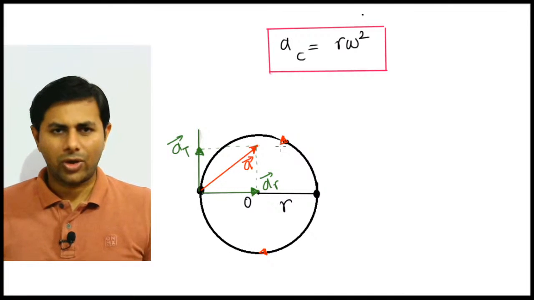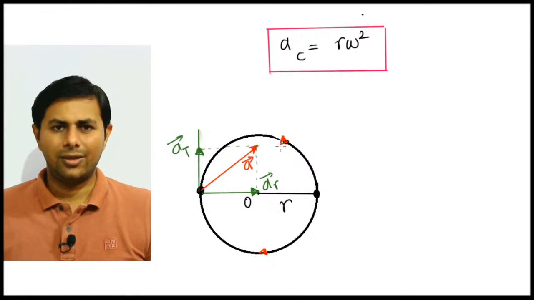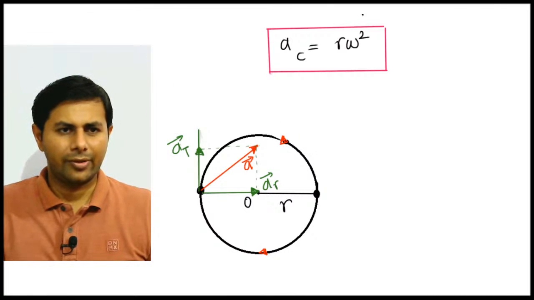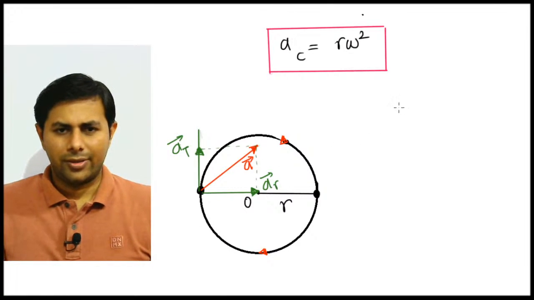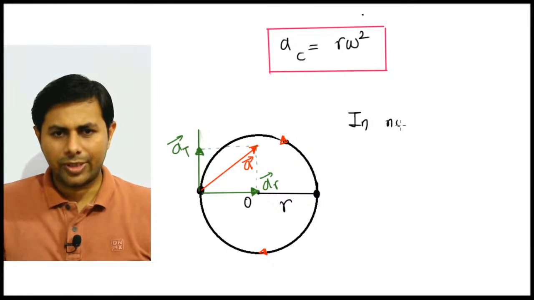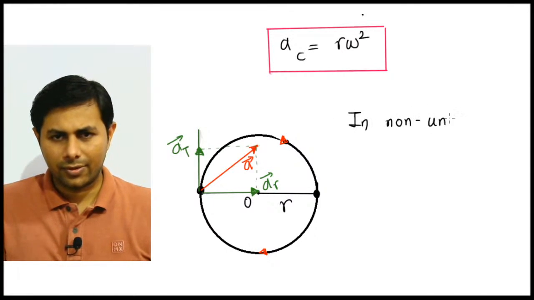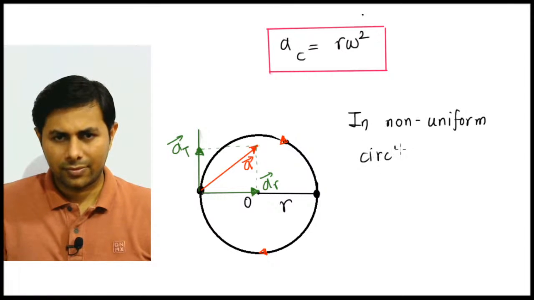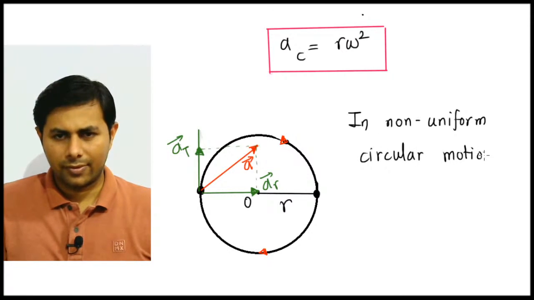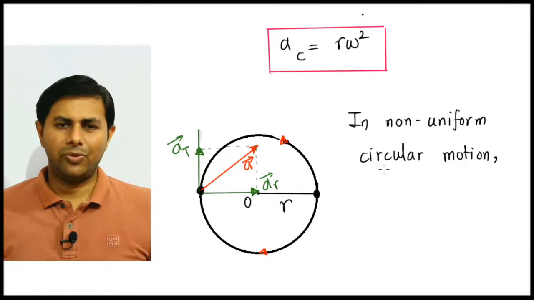Now what about non-uniform circular motion then? In non-uniform circular motion, there will be a change in direction of velocity.